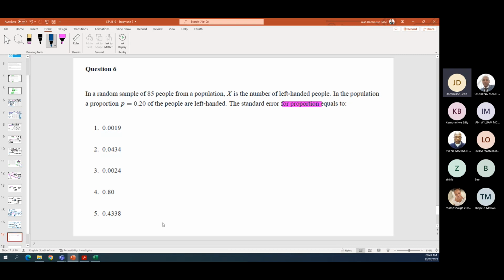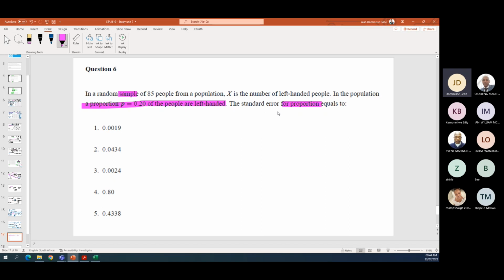Okay, so again, in a random sample of 85 people from a population, X is the number of left-handed people in the population, a proportion. So we know that we're working with sample proportions.